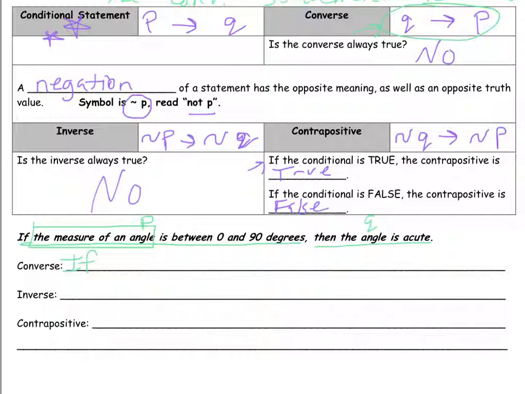If the angle is acute, then this is where we put the conditional statement's hypothesis.